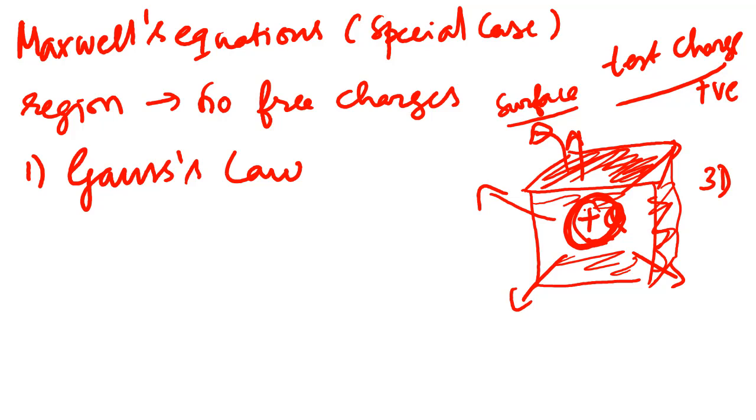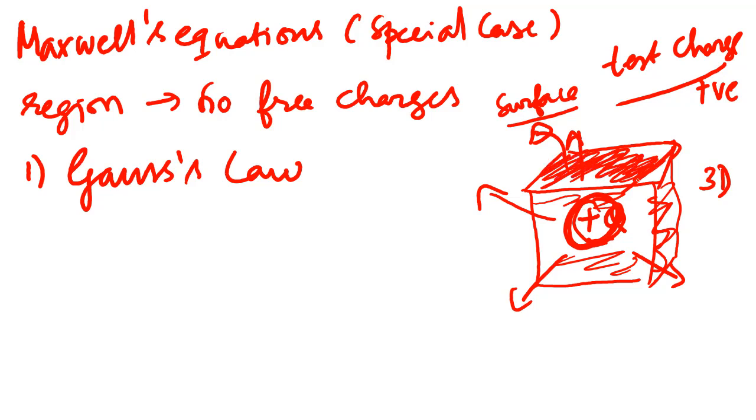So here there are 2 things. We are taking a 3D volume, but we are looking at the flux going through the surface enclosed by the 3D volume. It's important to note this because the surface itself would be 2-dimensional. The surface enclosed by a cube would just be, for example, this, which is 2-dimensional, right?